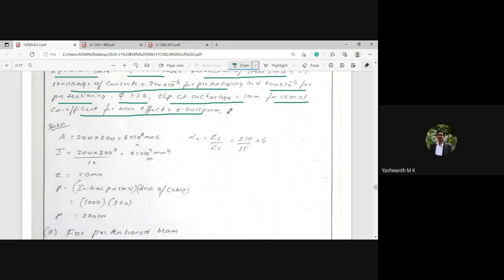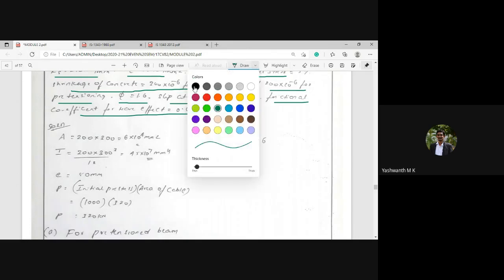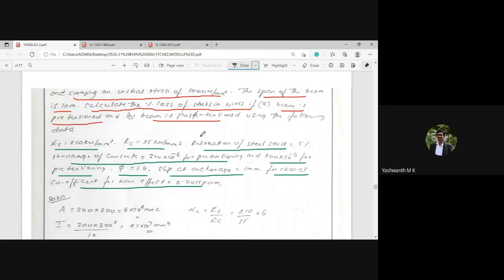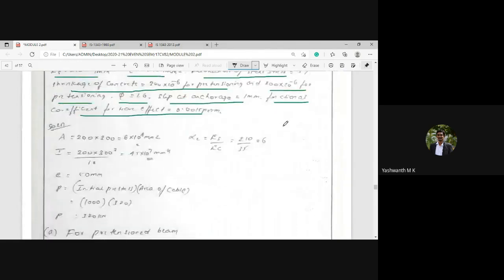As I keep on mentioning, let us first calculate the sectional properties. Since it is a rectangular section of dimension 200 millimeter wide and 300 millimeter deep, this is the beam.